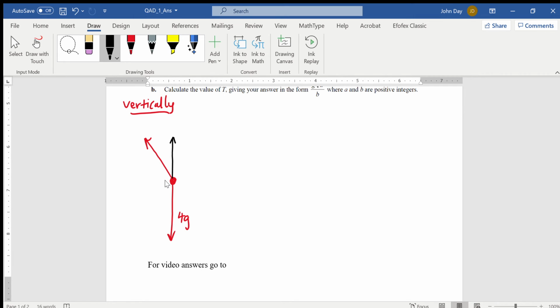I'll just call that X for a tick, that is balancing the 4G. Because the plane's not moving upwards or downwards, it's acting at some angle theta.